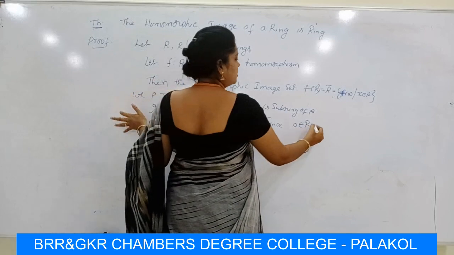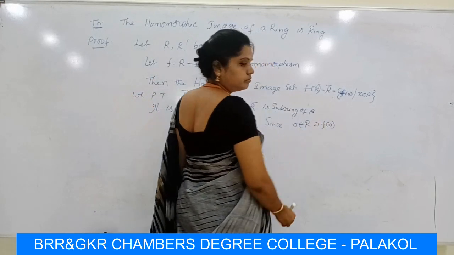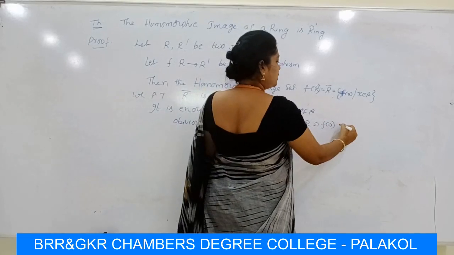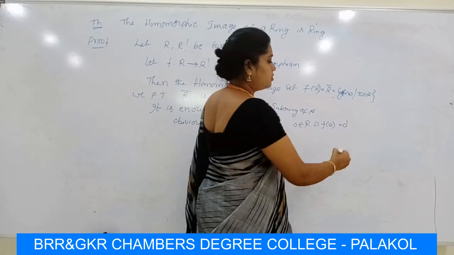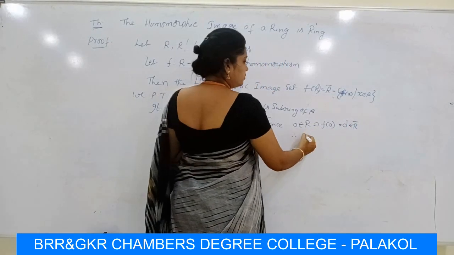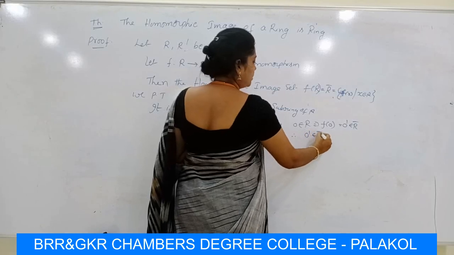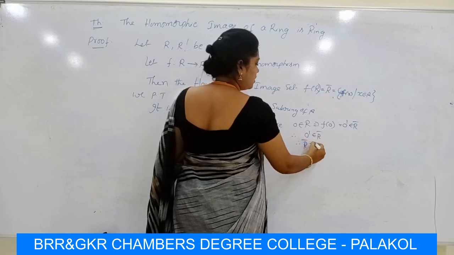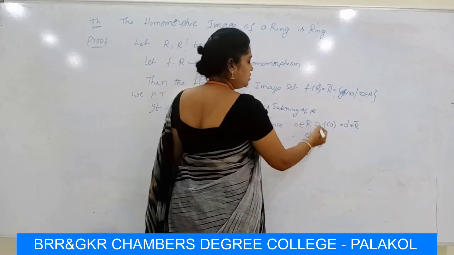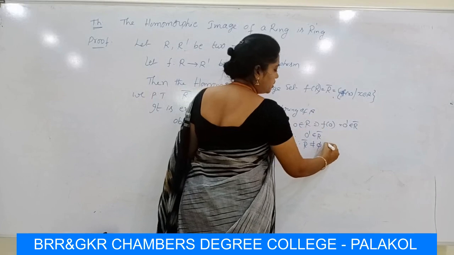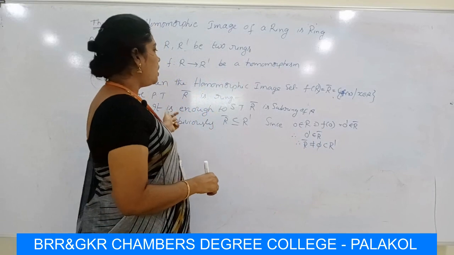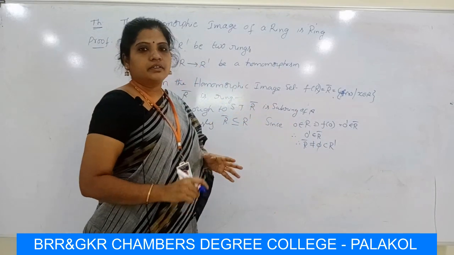Then its image f of 0 belongs to R bar, but we have f of 0 is 0 dash, so it belongs to R bar. Therefore 0 dash belongs to R bar, therefore R bar is non-empty, which contains the zero element of the ring R dash, so it is also a subset of R dash. So we have to prove R bar is a subring of R dash.